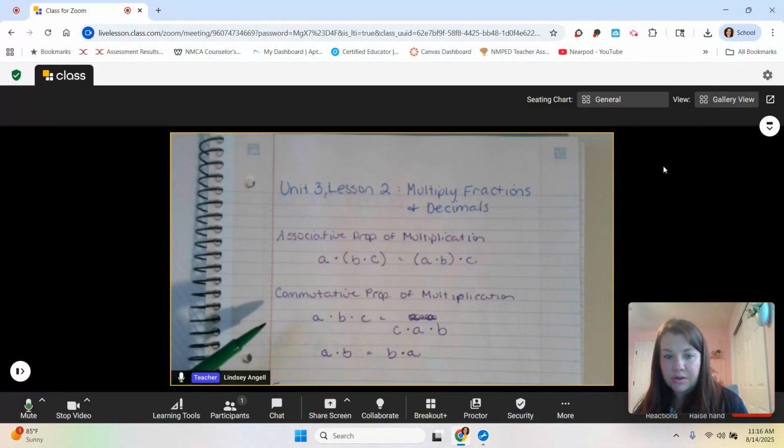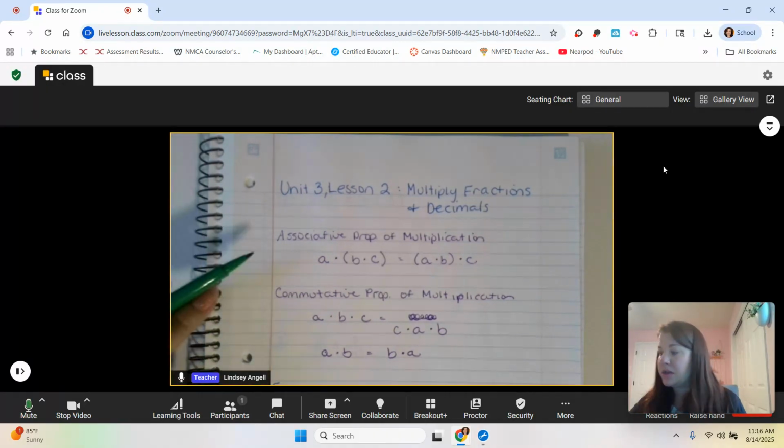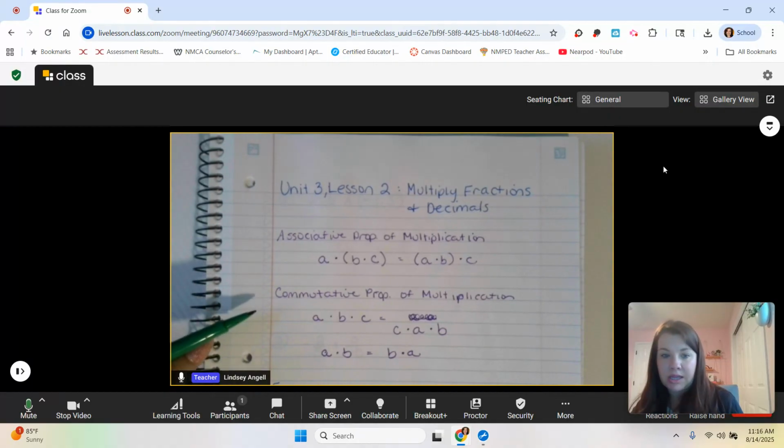Two major properties of multiplication that are going to come in handy, not only during this lesson but in future lessons as well, are the associative property of multiplication and the commutative property of multiplication.